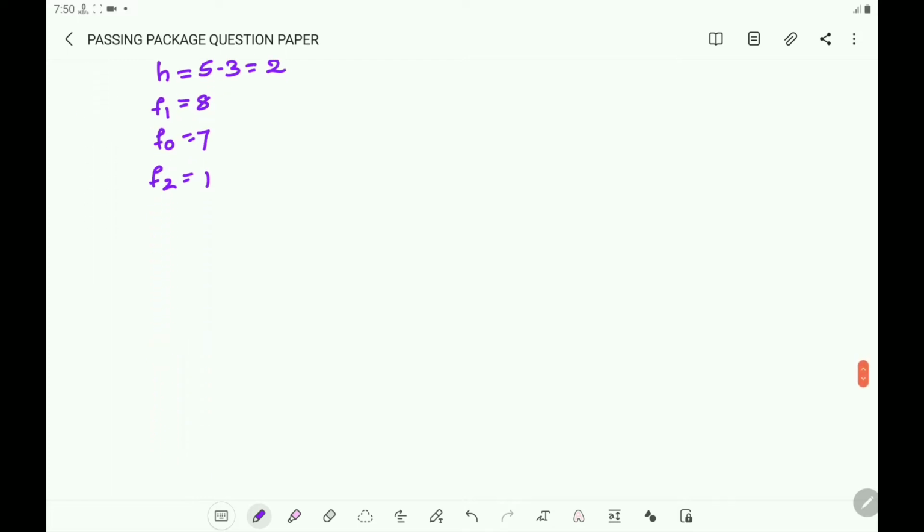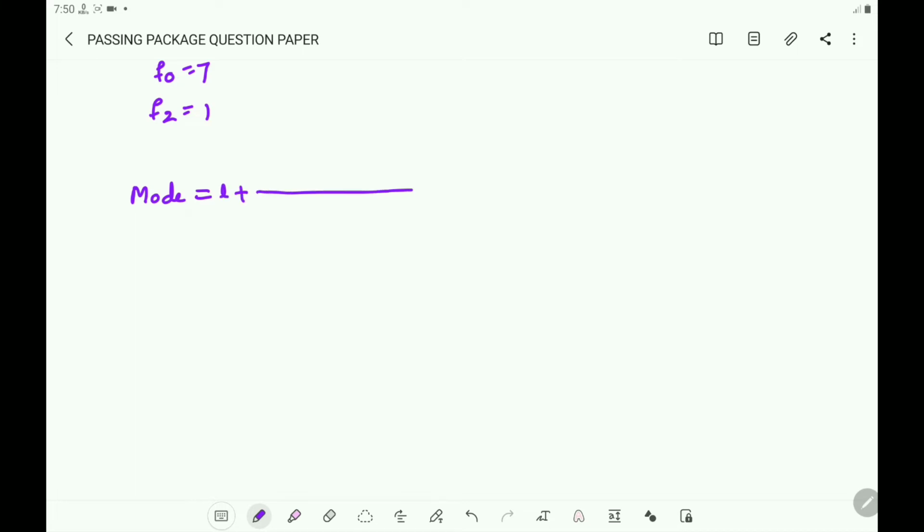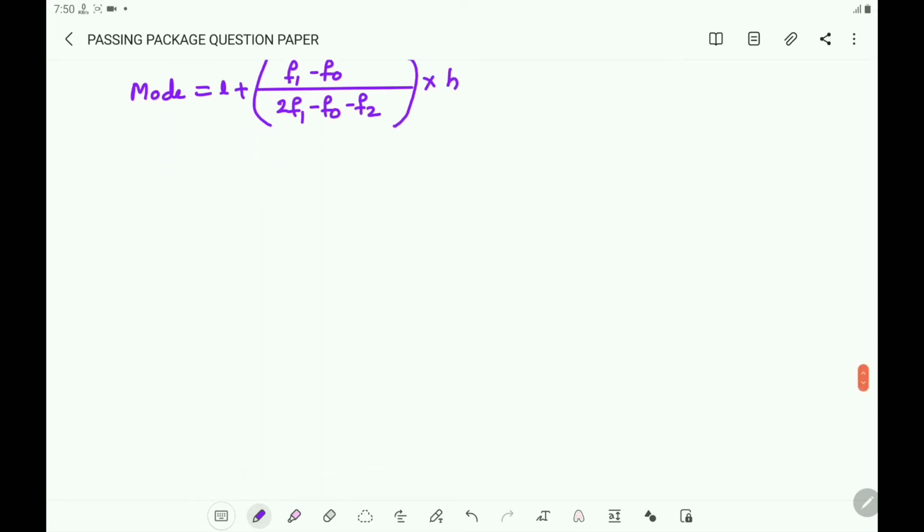Now you write the formula for the mode. What is the formula for the mode? Mode equals L plus (f1 minus f0) whole divided by (2f1 minus f0 minus f2), that into h. Then you write the values of L, f1, f0, f2 and h.